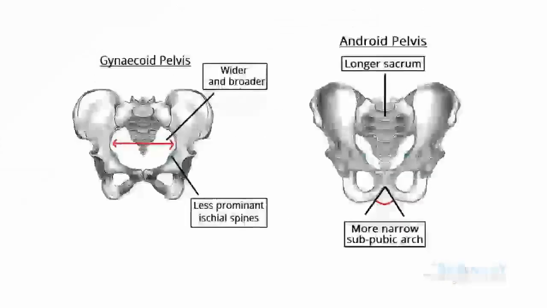So essentially, wide subpubic angle, less prominent ischial spines, wider and broader inlet, less pronounced sacral promontory and shorter sacrum. All these features help to provide more room in the pelvis.